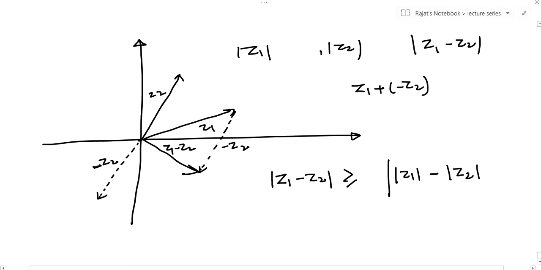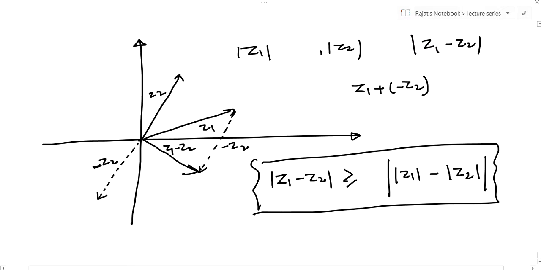So I place a mod here to ensure that the right hand side is also positive. If it is going to be negative, then obviously mod z1 minus z2, which is always positive, will be greater than that negative quantity. Okay, so this is the other triangle inequality.